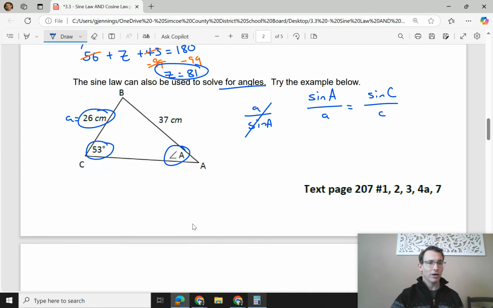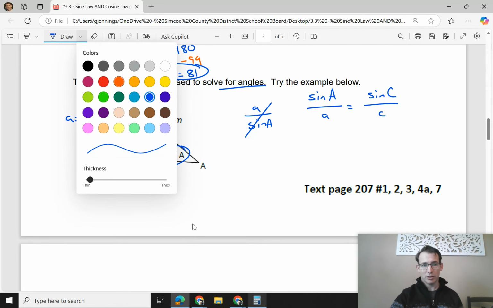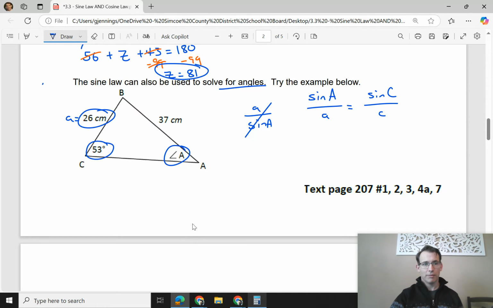And then we sub in everything we know. So we have sine A, we don't know that yet, divided by 26 is equal to sine 53 divided by 37. I really wish we could isolate sine A.